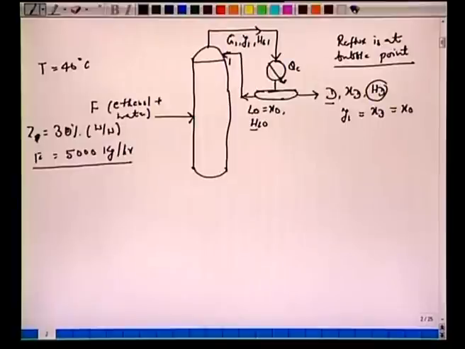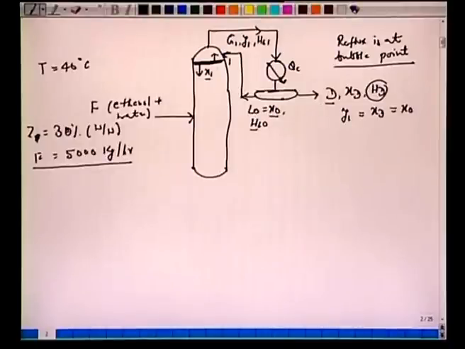Now this Y1 which arrives at the condenser will be at some temperature which is different from the condenser temperature. From our previous discussion, the Y1 leaving the top stage will be in equilibrium with the liquid which leaves this top stage. So if this is Y1, this is now X1, and X1 is different from X0.